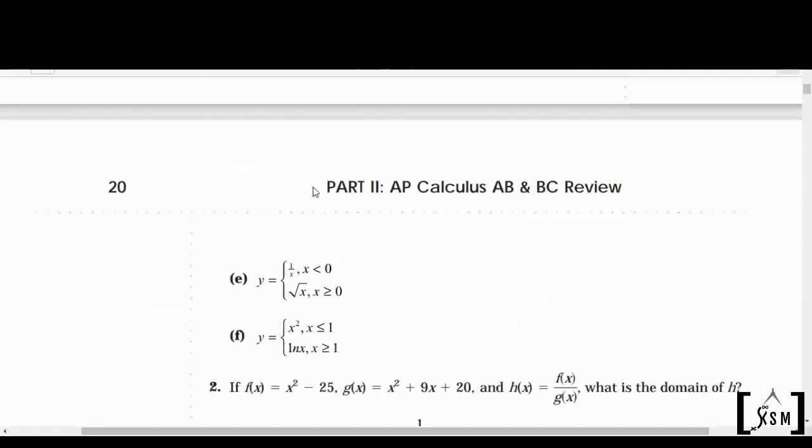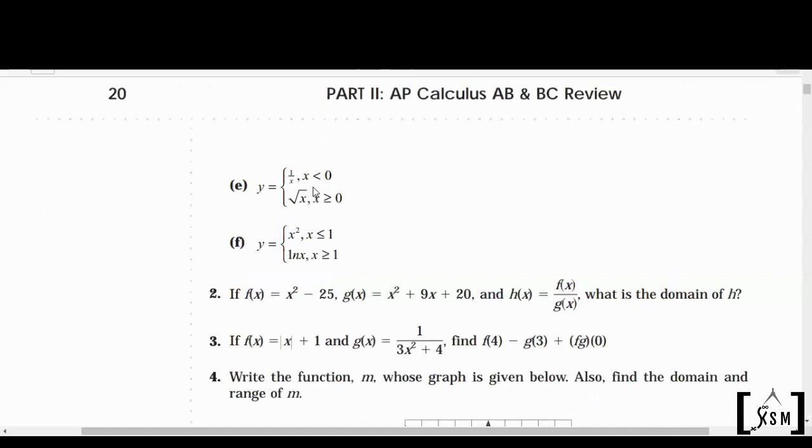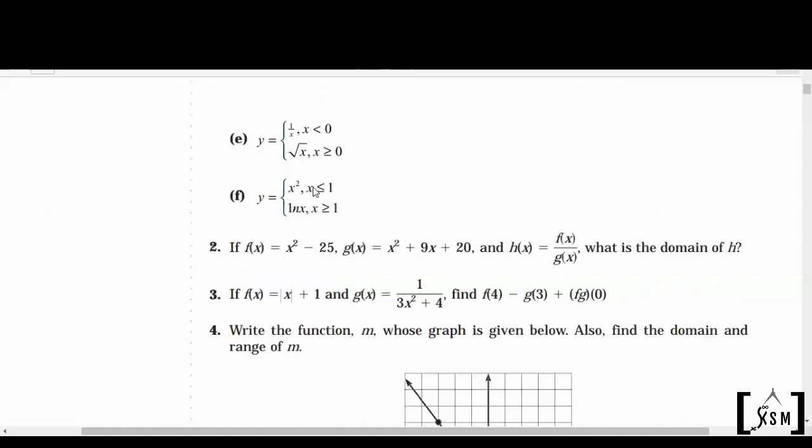Part E, we'll draw the graph because this is a piecewise function. So the first graph is a rational function we have learned just now. So let me draw it like this. But this graph is defined only when x value is less than 0.